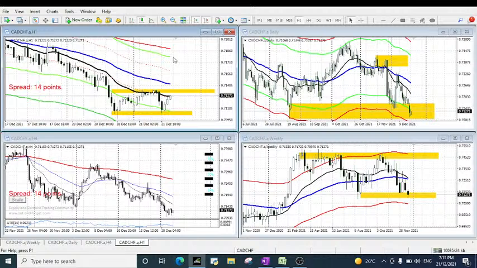Of course, the bias is short, but at the same time, we are sitting at a major zone, tested so many times. If we get a long signal, we'll take it.